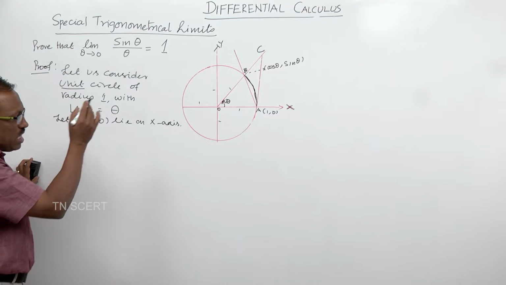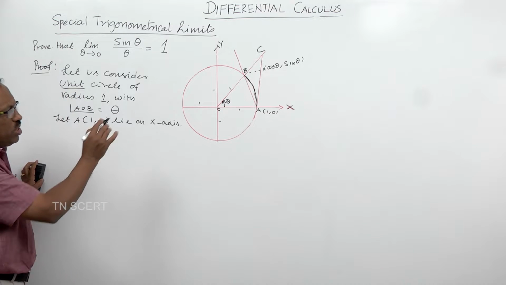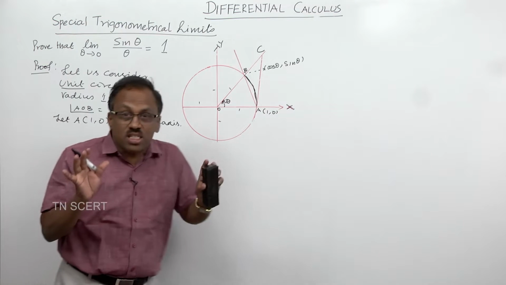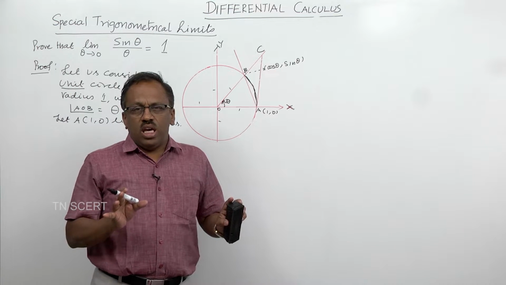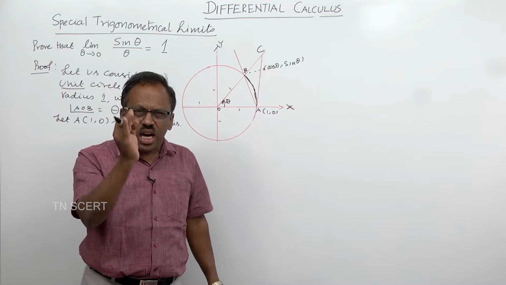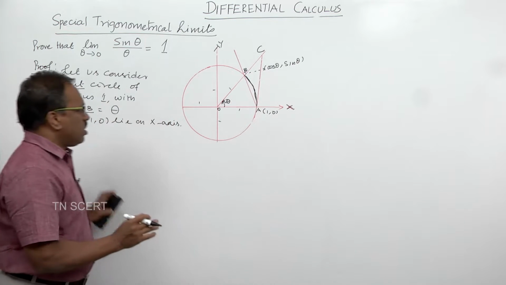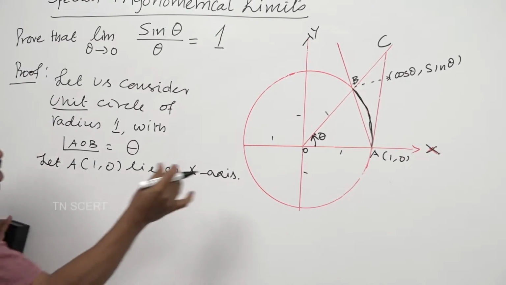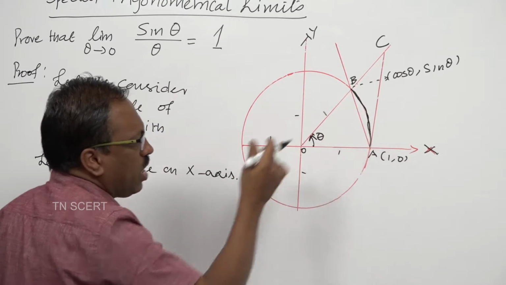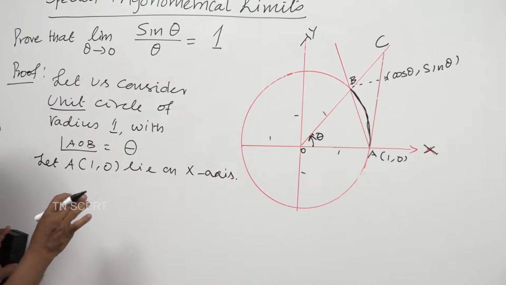Now from this diagram, what do you understand? From this diagram, what do you understand? See, I have noted down 3 triangles you can see. By way of joining the chord, AB is one chord here. Remember that AB is a chord here, that we have drawn.